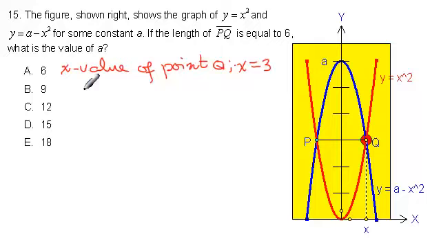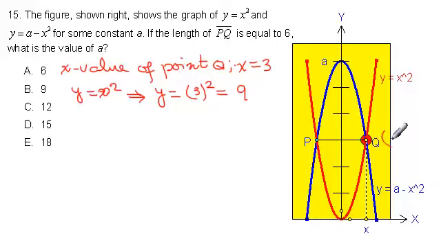Now if I use the red parabola equation, where y equal to x square, then I can plug in the value of x. That means the y value is going to be 3 squared, which gives me y equal to 9.